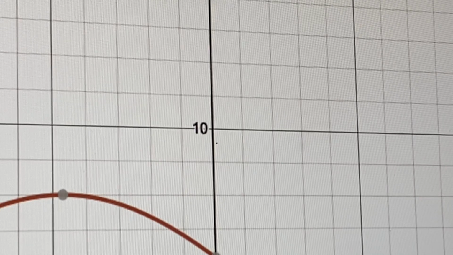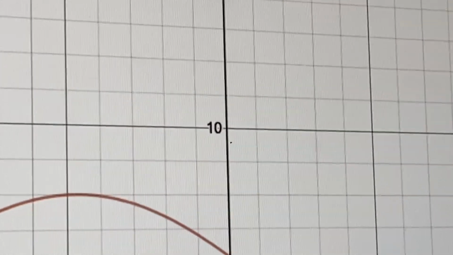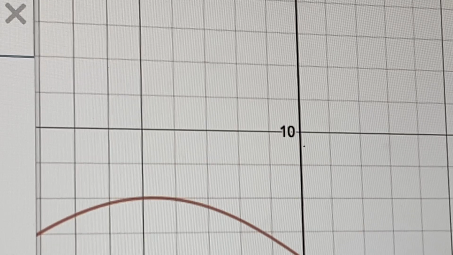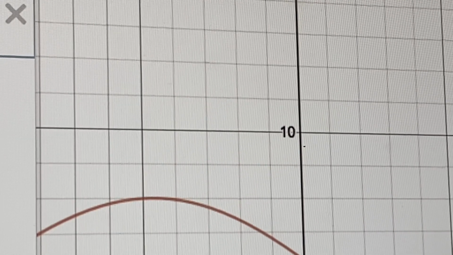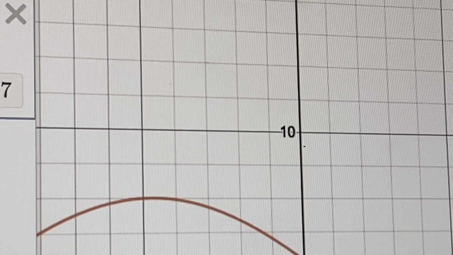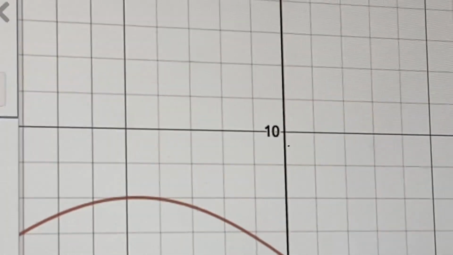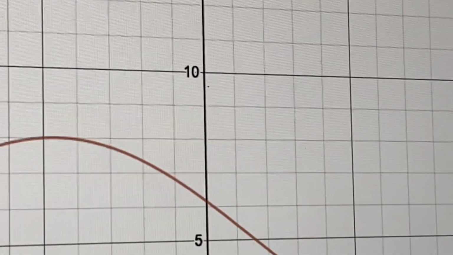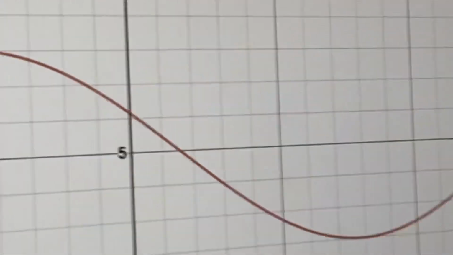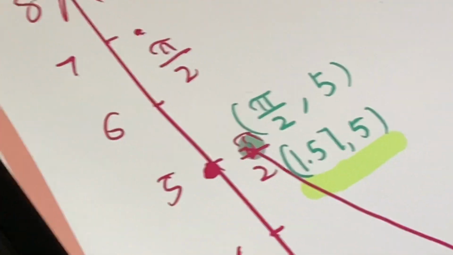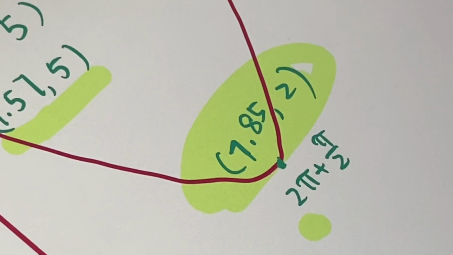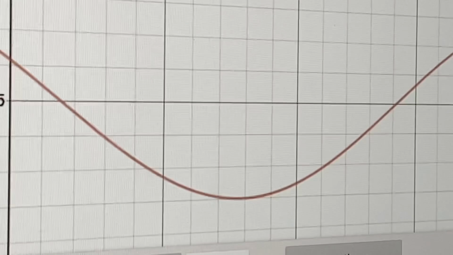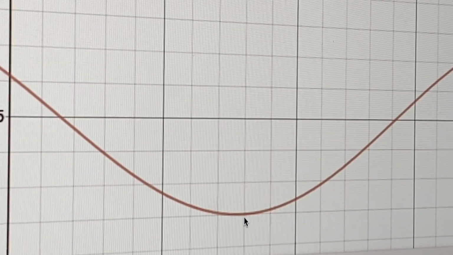Let's do the division. 5 times pi divided by 2. Oh my goodness! 7.85 and 2. We are right.